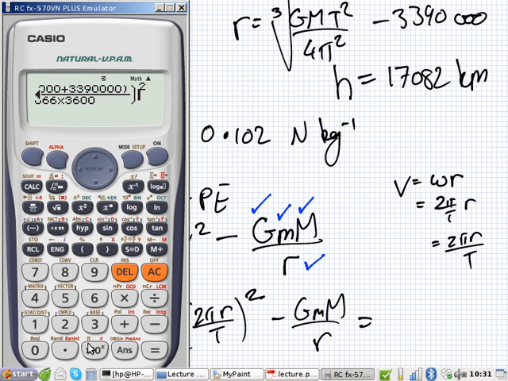And then we have minus G, mass of the probe, mass of the planet Mars, which we said is 6.44 times 10 to the power of 23, over the radius again, which is 17082. Oh no, I'm out of space.